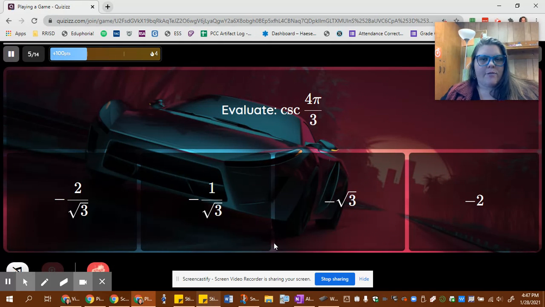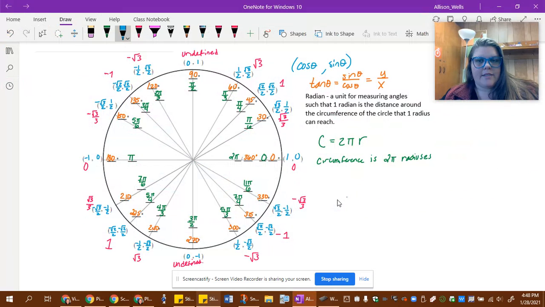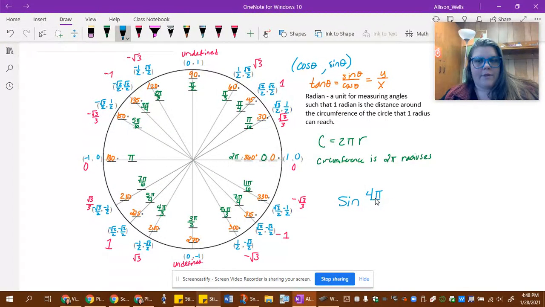And then let's just end with this one. So cosecant at 4 pi over 3, again, cosecant is 1 over sine, but this time they're not giving us the answer. They're asking us to find the answer. So I'm just going to change the wording to sine instead of cosecant. So it's sine at 4 pi over 3, and then we'll turn it back into cosecant.